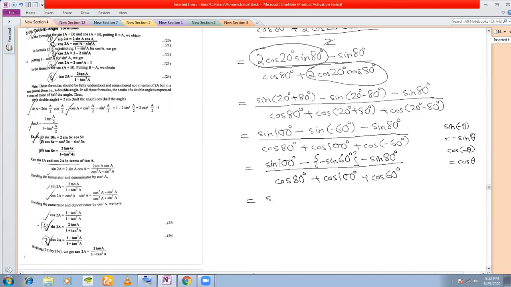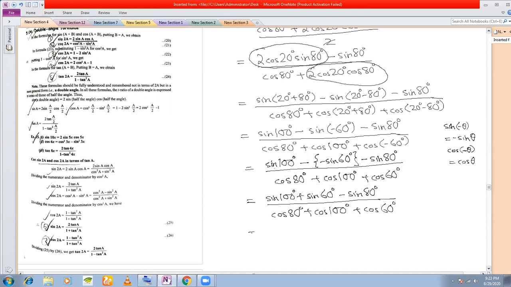Now what happens? This becomes sin 100 degree plus sin 60 degree minus sin 80 degree divided by cos 80 degree plus cos 100 degree plus cos 60 degree. Okay.